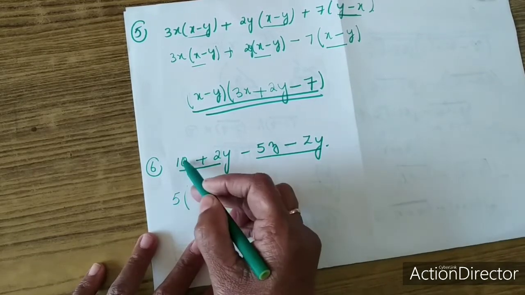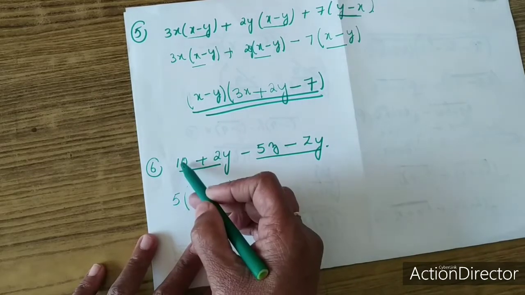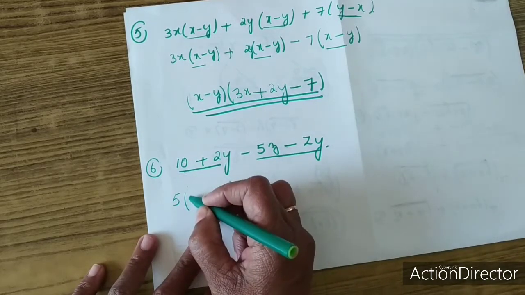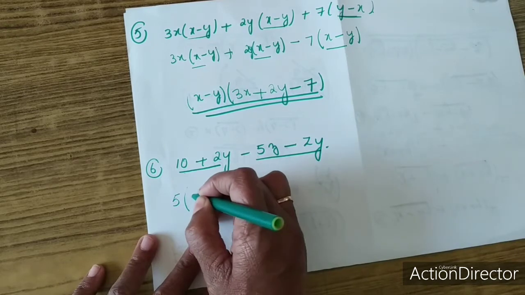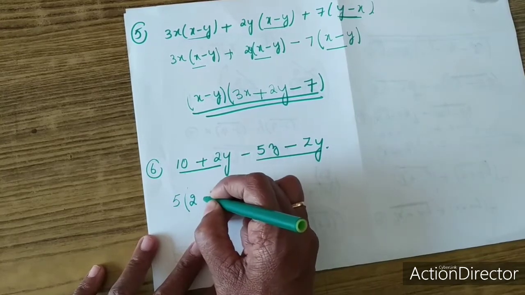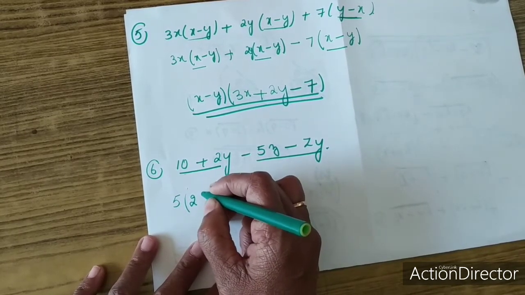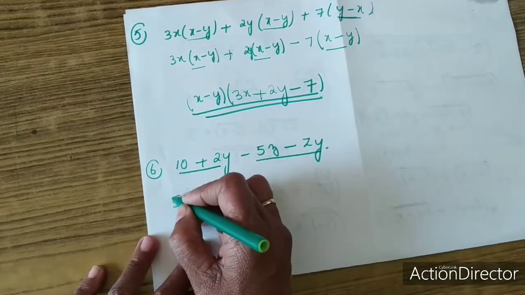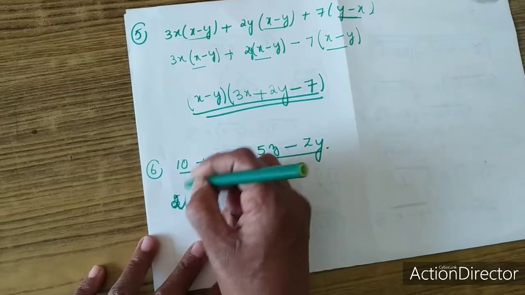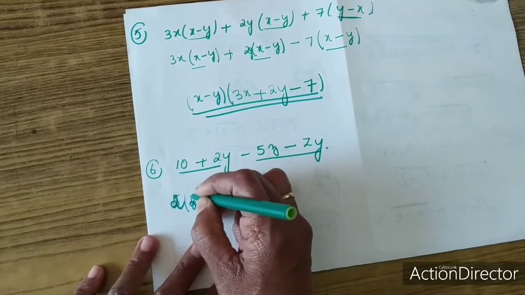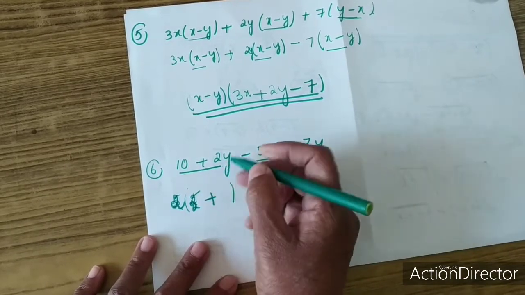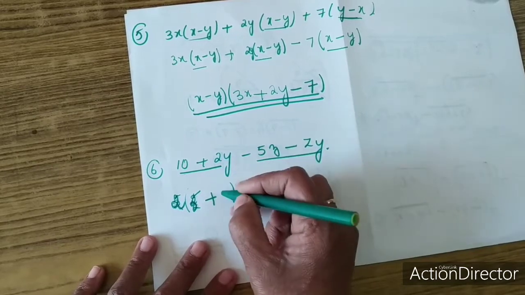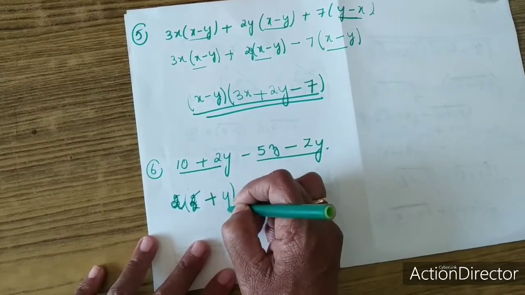In the second bracket, each term divided by HCF. 10 divided by 2 is 5 plus 2 divided by 2 is 1, so y I will be getting.